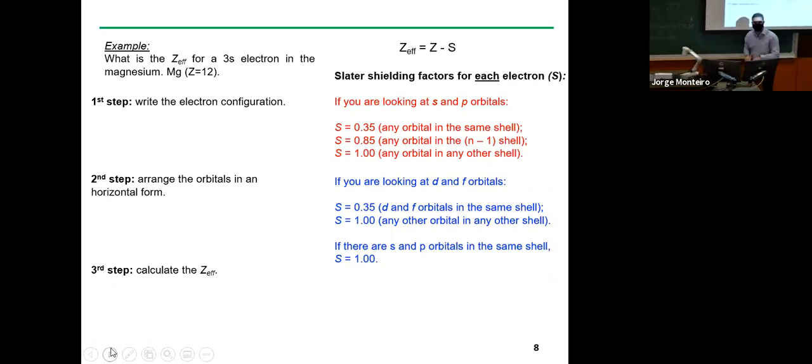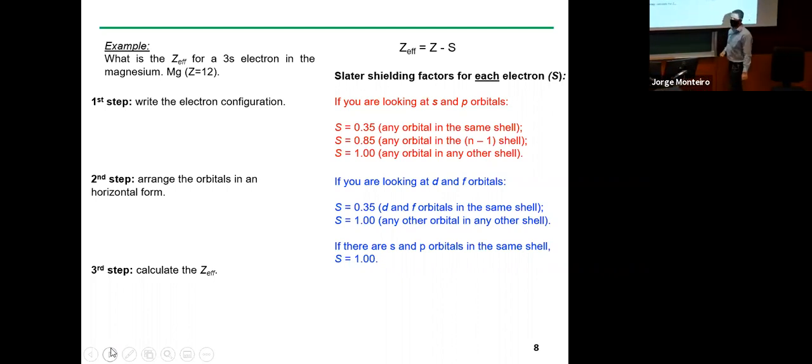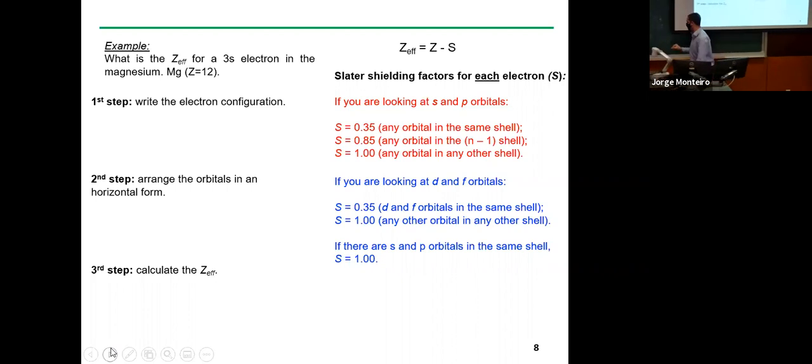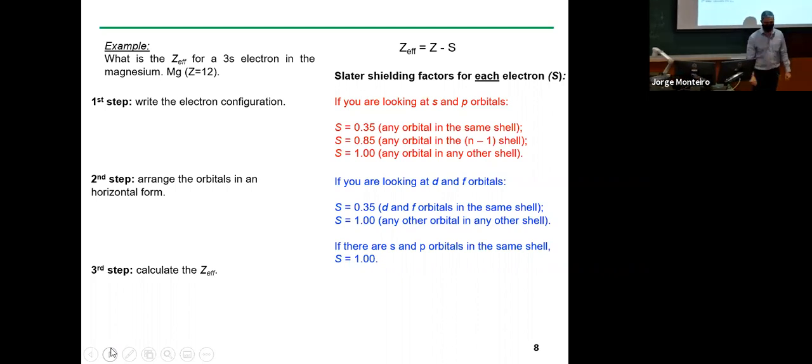And in this case, we have 1 electron in the same shell. And the shielding factor when you have electrons in the same shell is 0.35. Okay?